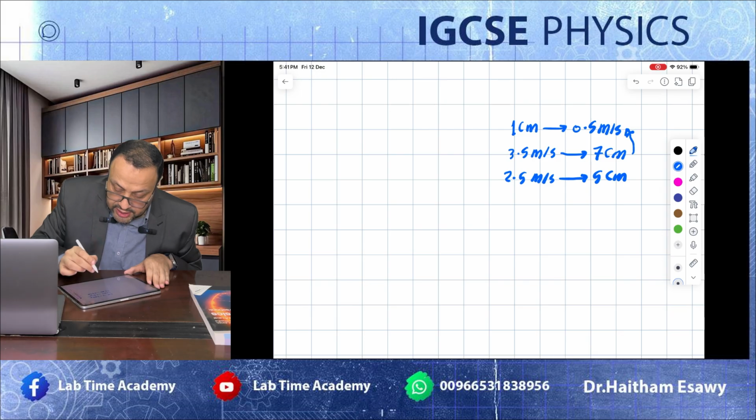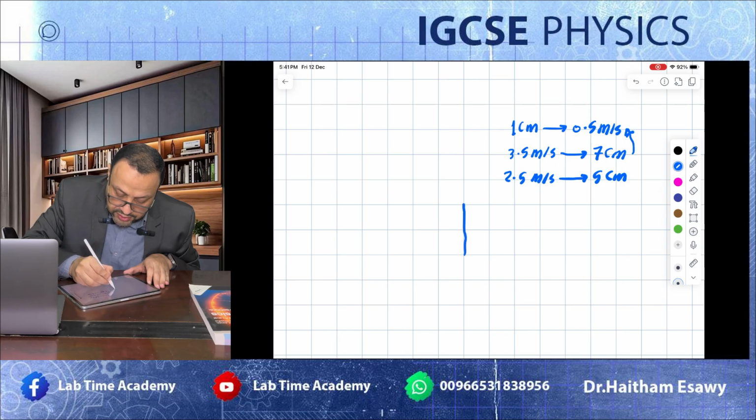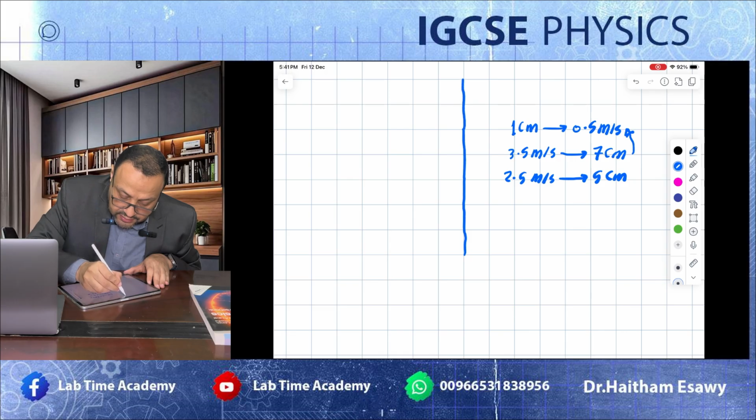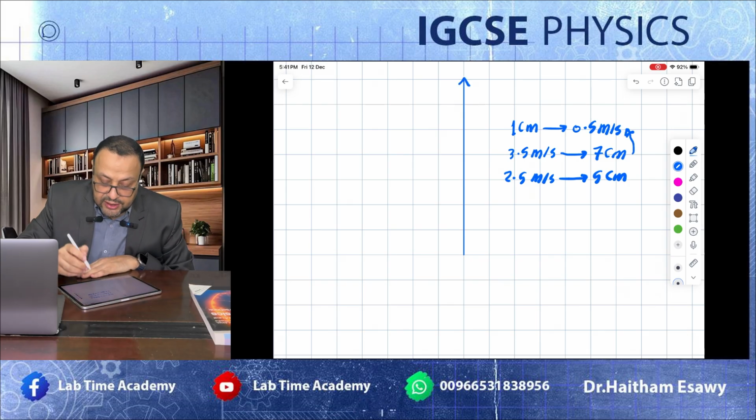So let's start. Here we have 7 centimeter. I'll start to draw 7 centimeter. So here, 1, 2, 3, 4, 5, 6, 7. So let's start from here. 1, 2, 3, 4, 5, 6, 7. So this will be the first vector, which is 7 centimeter.